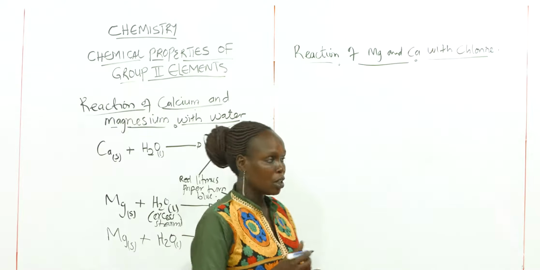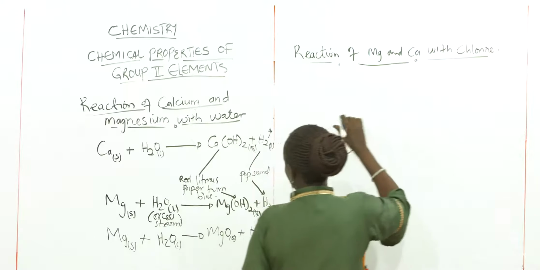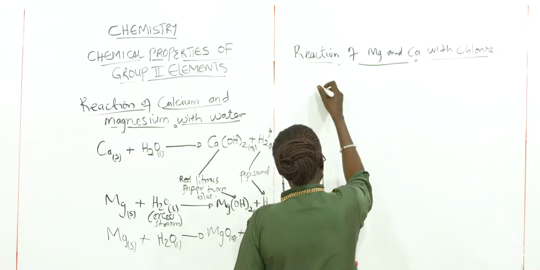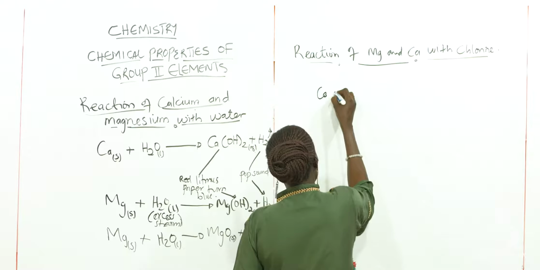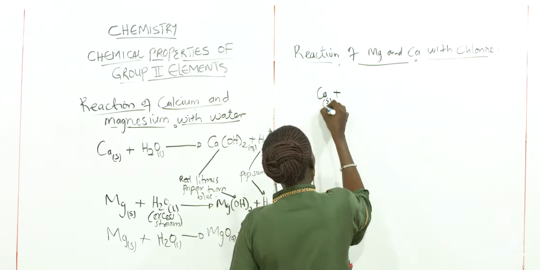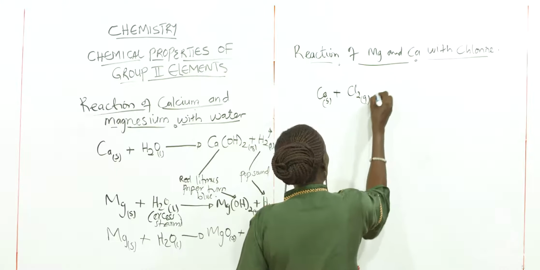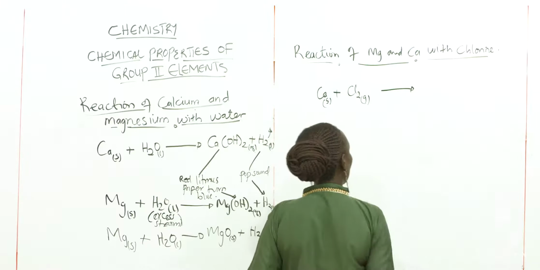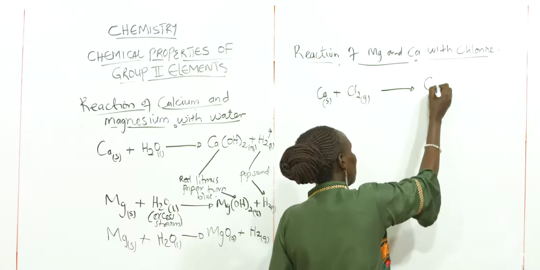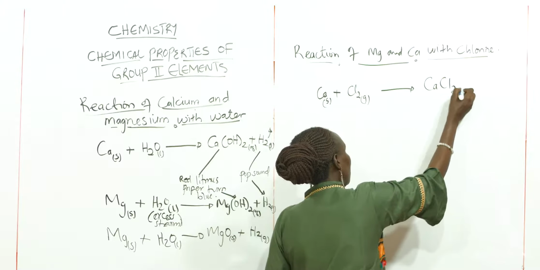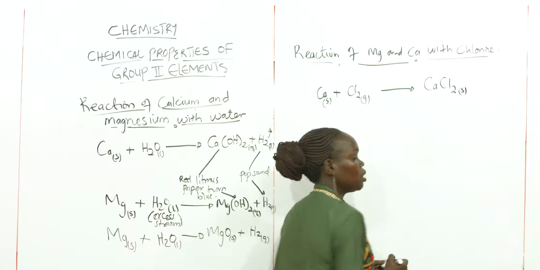The reaction is represented by calcium plus chlorine gas giving us calcium chloride, which is a solid.